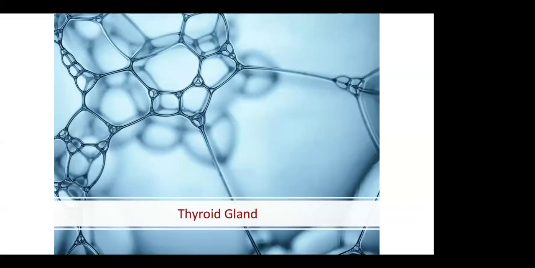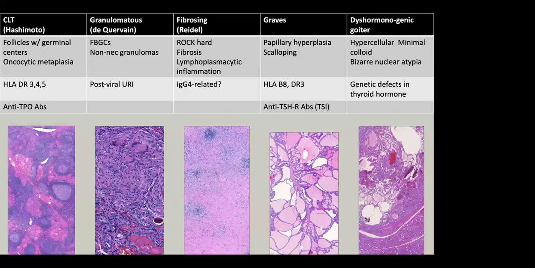So here's our chart of our non-neoplastic most common entities, ranging from Hashimoto's, which we see very commonly: lymphoid follicles with germinal centers and oncocytic metaplasia of the thyroid follicles related to antithyroid peroxidase antibodies.